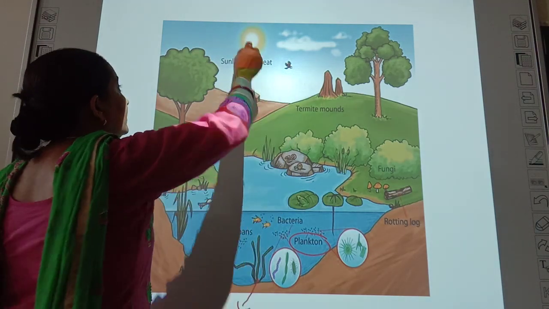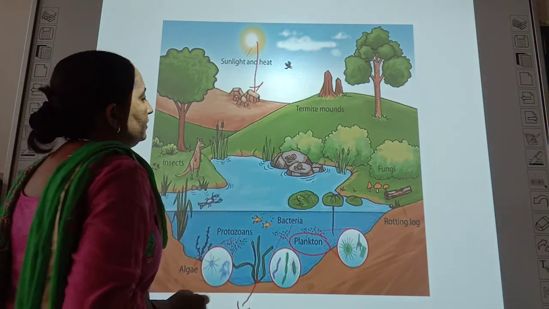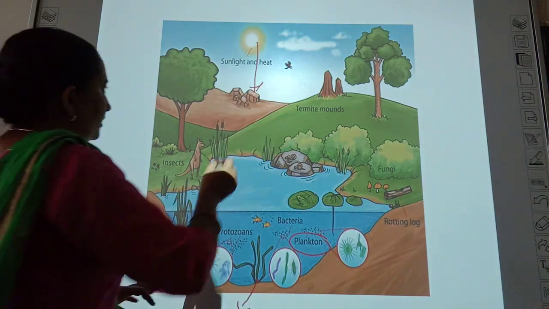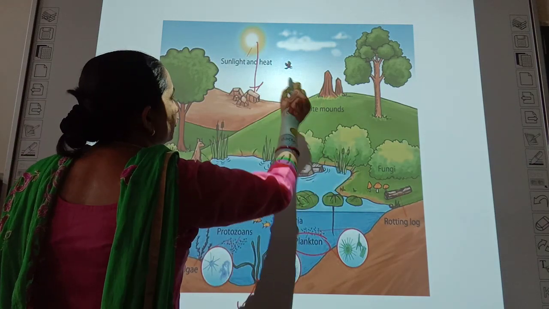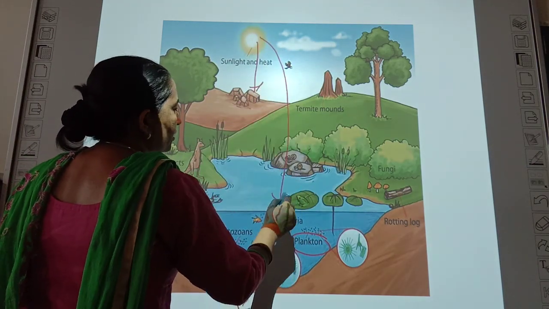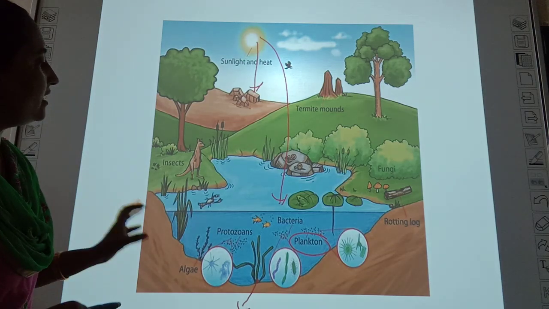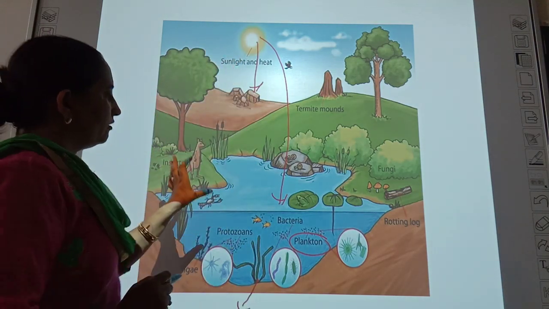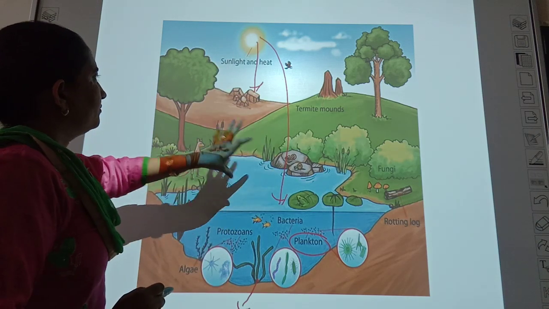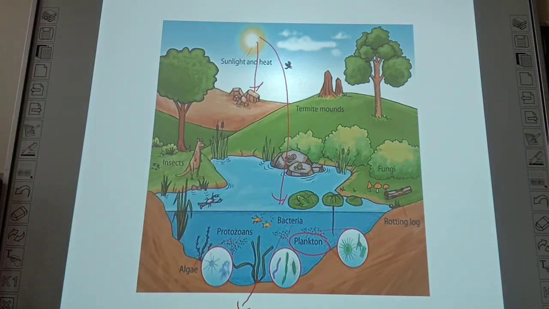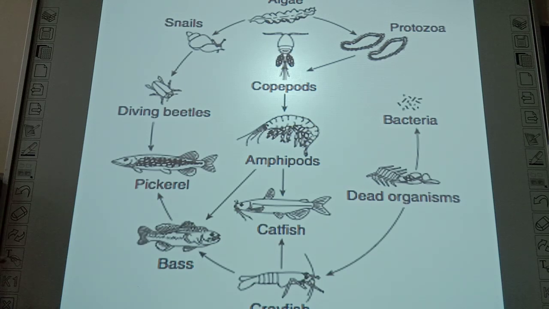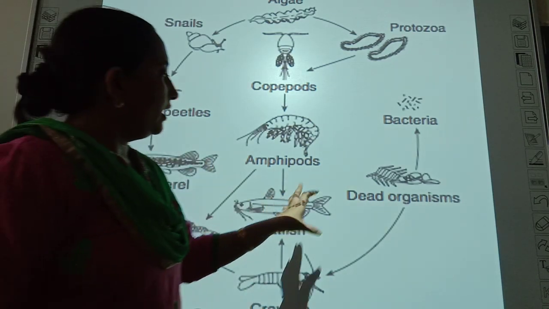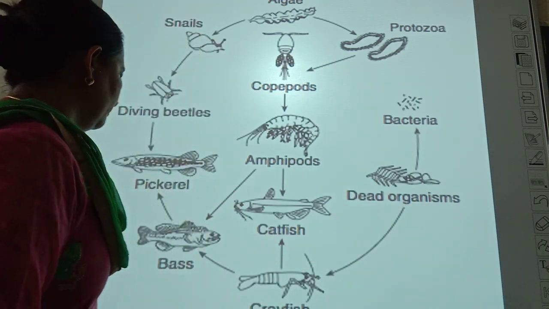But the energy in any food web is given by the sun. It may be a terrestrial food web or it may be an aquatic food web. All the energy is given by the sun in the way of sun radiation. Here it is a detritus food chain which starts with dead organic matter.